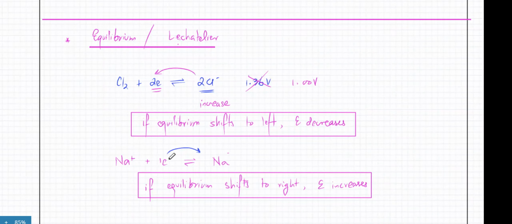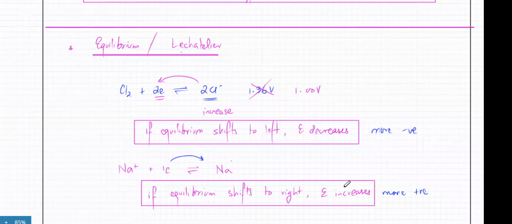So the electrode whose voltage you're trying to measure would have fewer electrons, and it's going to become more positive. So equilibrium shifts to the right, the potential increases. It's going to become more positive, because electrons are used up, right? And in the other case, it's going to become more negative.